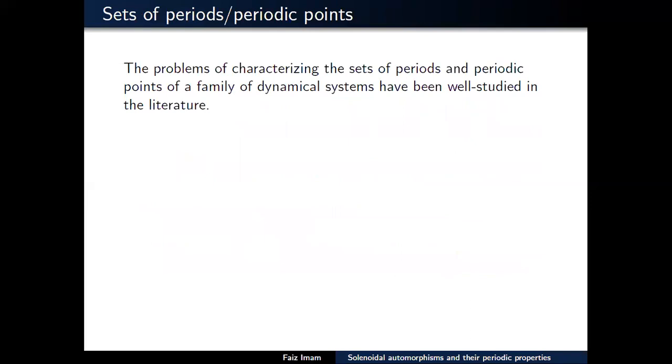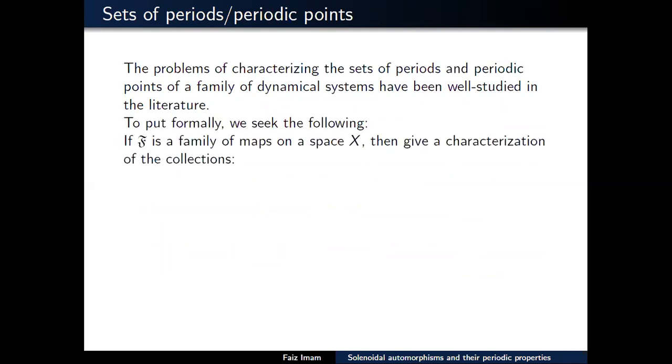The problem of characterizing the sets of periods and periodic points of a family of maps has been well researched. Basically, I'm looking at two specific sets.